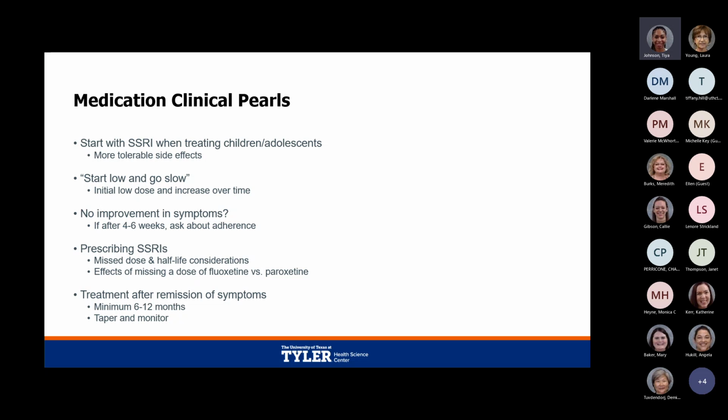Now, after a patient has been treated with an antidepressant and is stable for a while, how long should someone stay on an antidepressant? What I typically tell families is that you should continue treatment with an antidepressant for at least 6 to 12 months after remission of symptoms, and maybe over a year if the patient had severe depression prior to the medication.